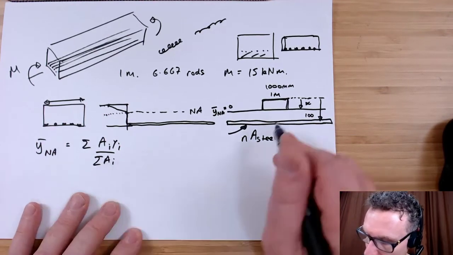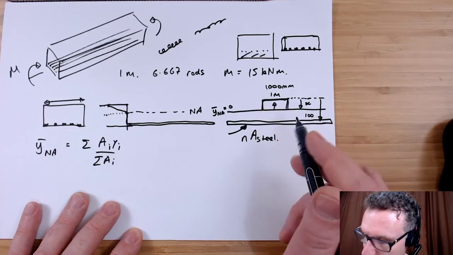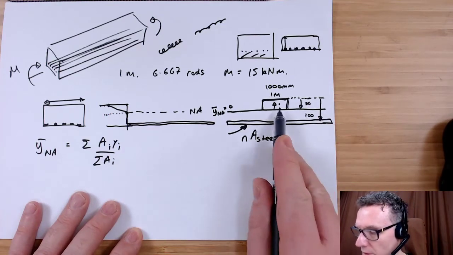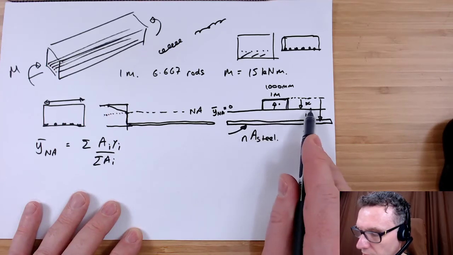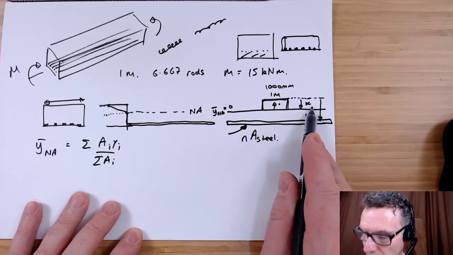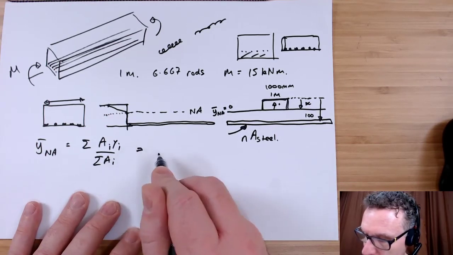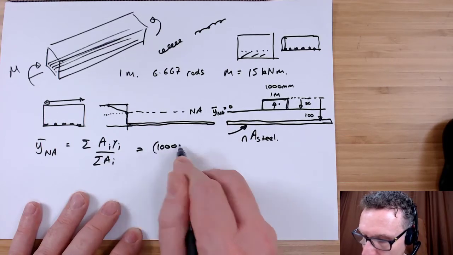So y can go upwards. To get to the centroid for this block of concrete, I need to go half the distance of x. So its area is going to be 1000 millimeters width.